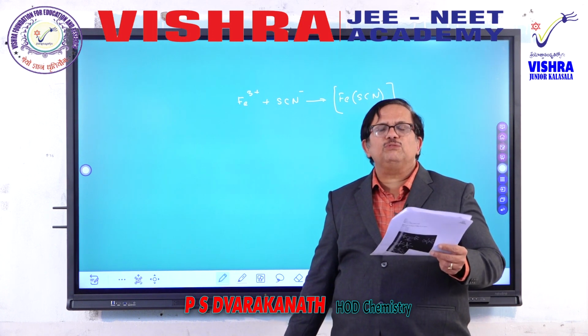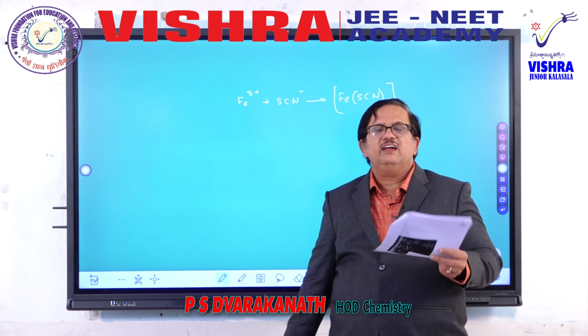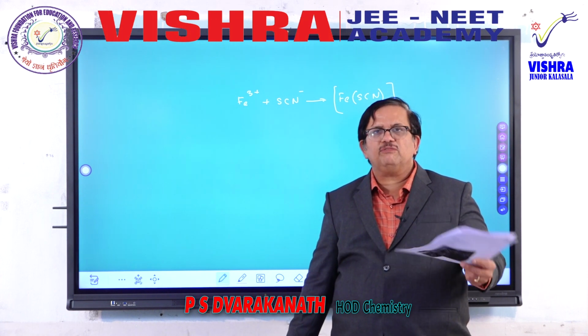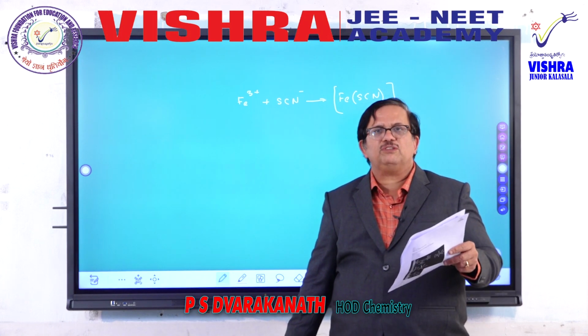This is how to detect nitrogen and sulfur along with carbon by means of the Lassaigne test, by taking the sodium fusion extract and treating it with FeSO4 in the presence of H2SO4.